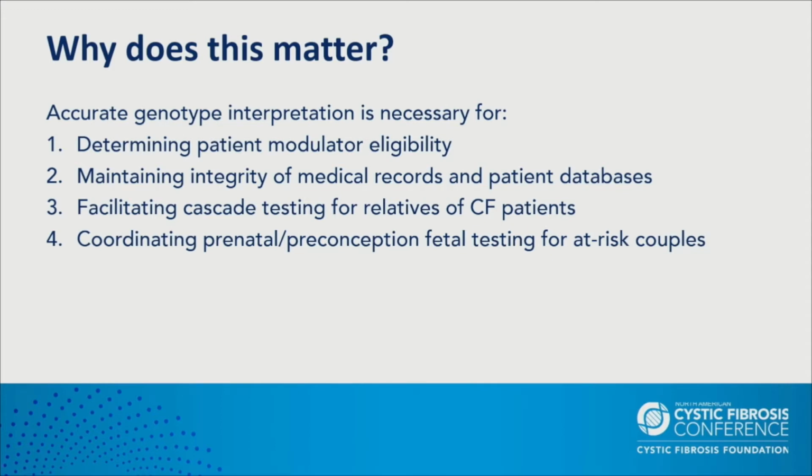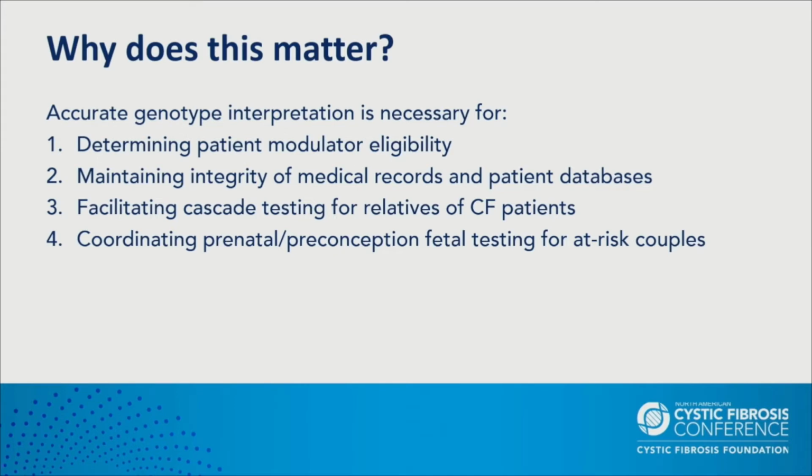And then specifically in the scenario that a couple may be pursuing preconception or prenatal testing to diagnose an at-risk pregnancy, again, understanding what we're testing for and conveying that information accurately is imperative to get an accurate result.